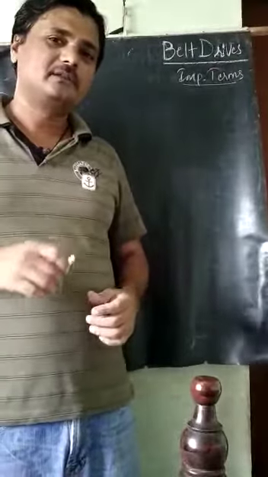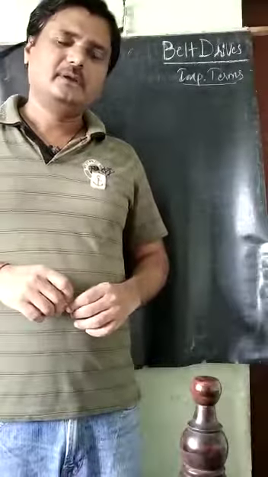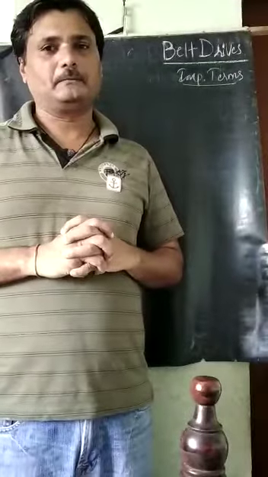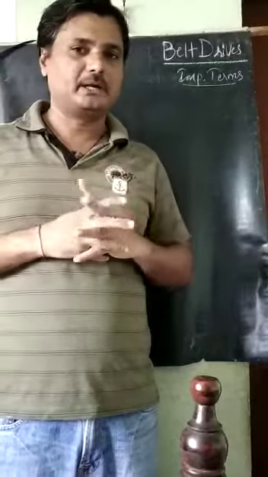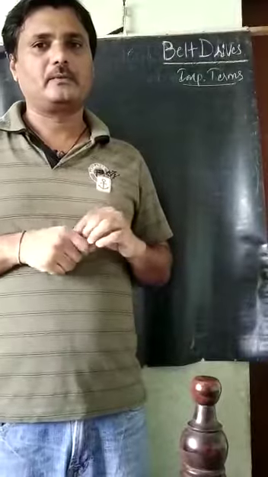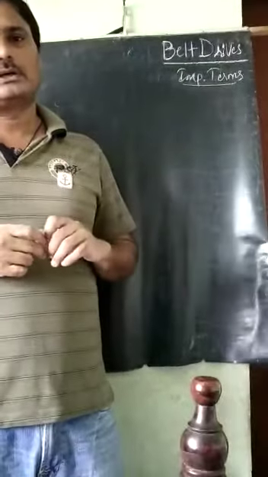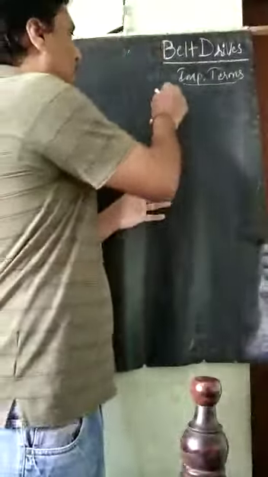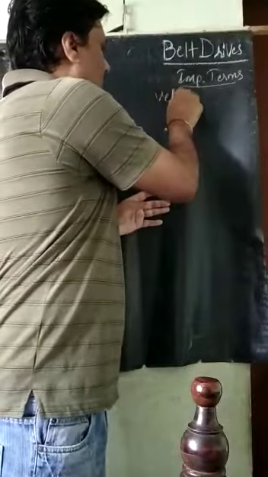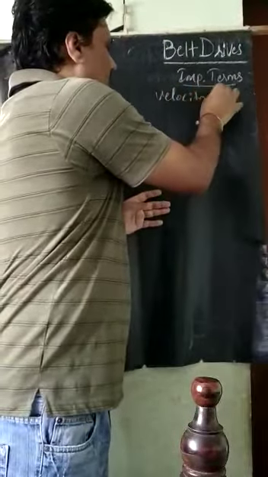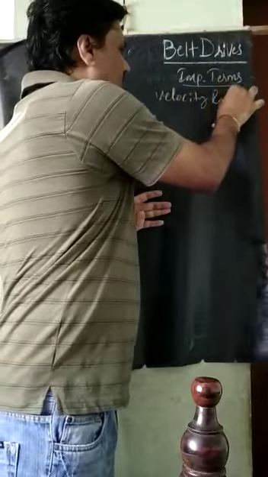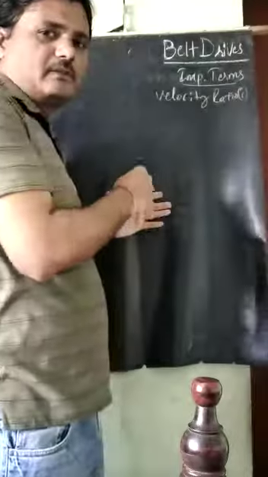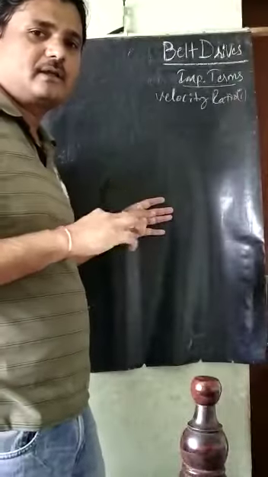As we are studying belt drives, some important terms will come in this chapter that are related to belt drives. One important term is the velocity ratio. In some books it is denoted by I, and in some books it is taken as VR.